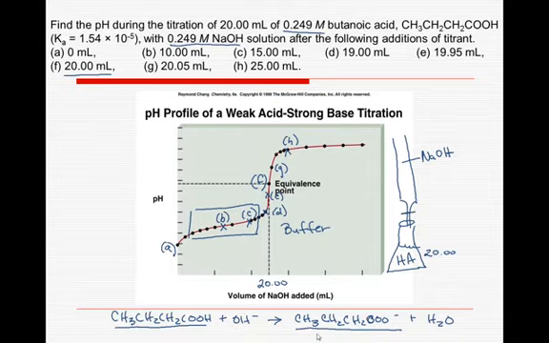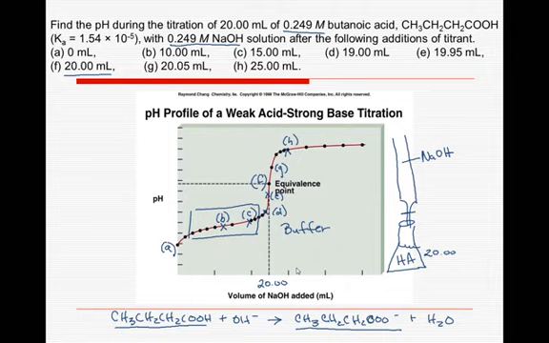So we know we're in a buffer region both by the definition of resisting change to pH, seeing that it's leveling off, and seeing it as a buffer in that it contains some of both substances. Okay, so this is the overview, and then you can go and watch each of the parts, A through H, of how to determine the pH along this titration.